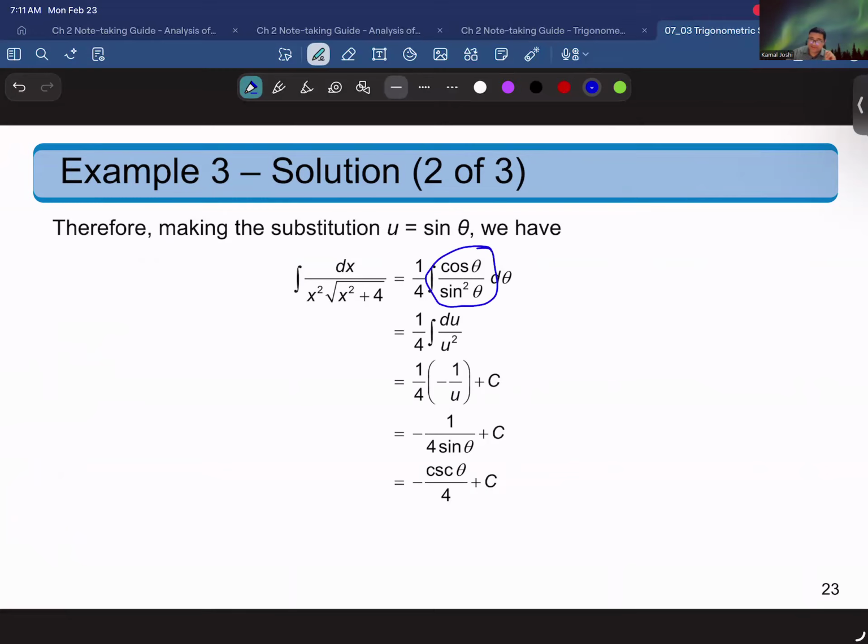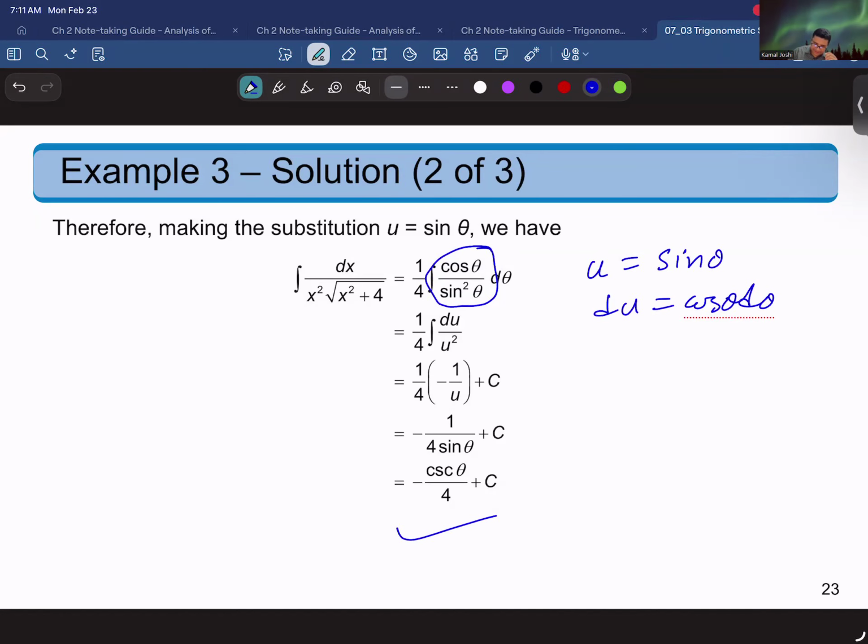Now our mind should trigger one more substitution. u equal to sine theta, du is cos theta d theta, right? So that takes care of the integral, and at the end you get minus cosec theta over 4 plus c.